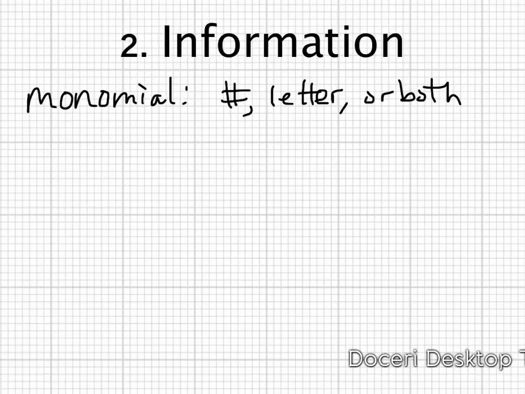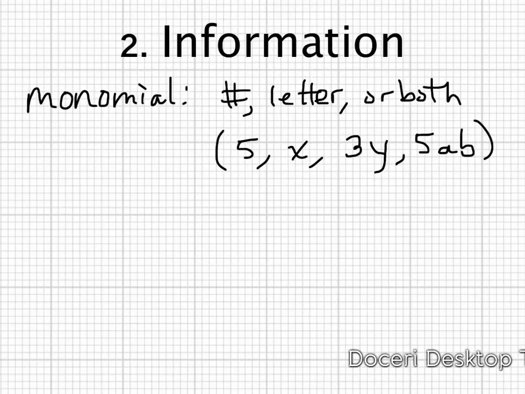So some examples of that are 5x, 3y, 6ab, etc. And so these are all examples of monomials. They're just one term where I'm multiplying each of the parts together.